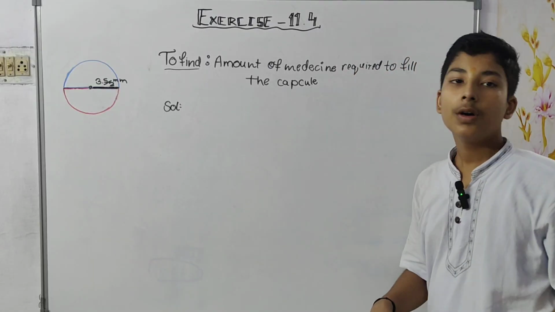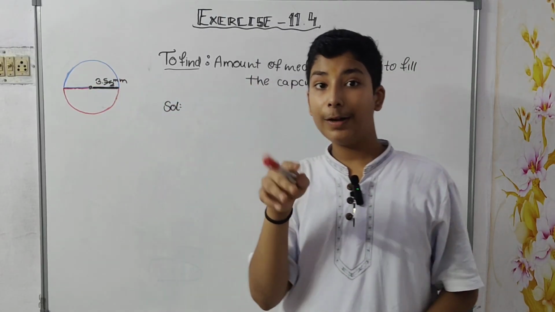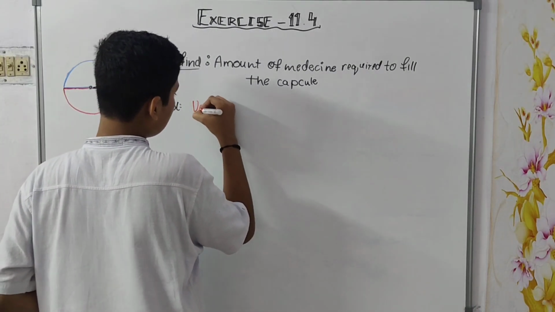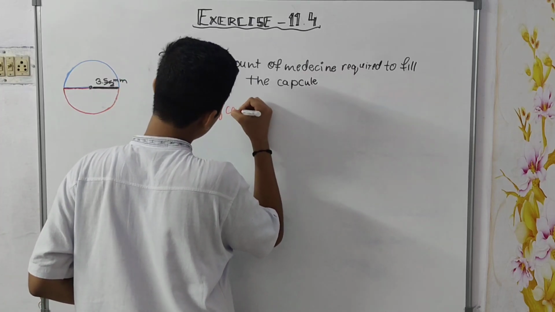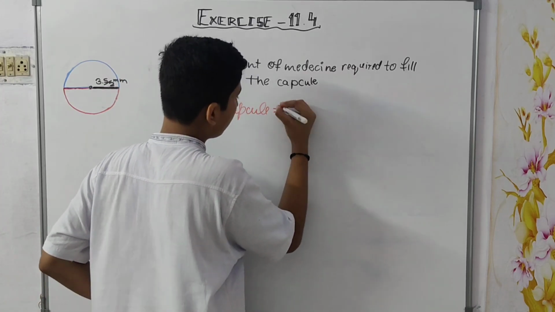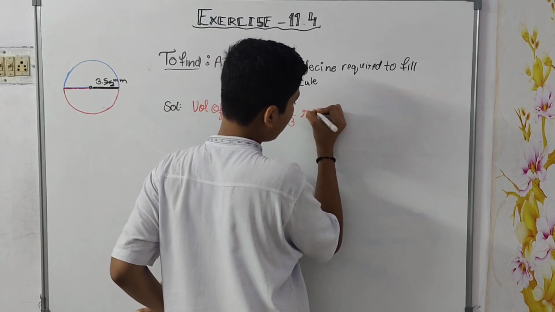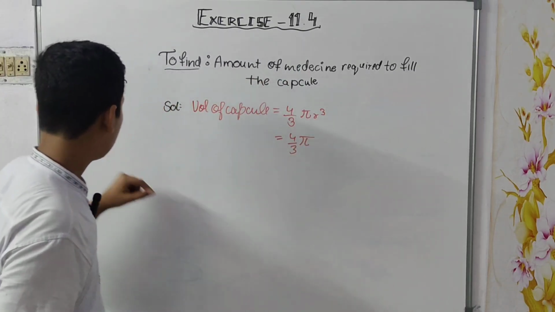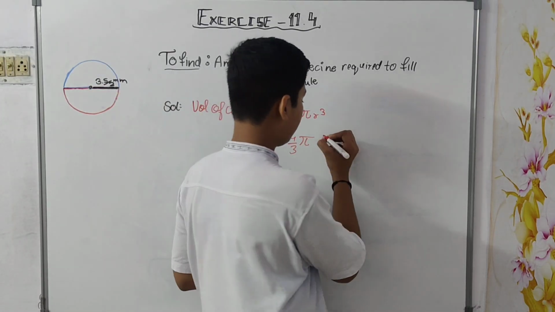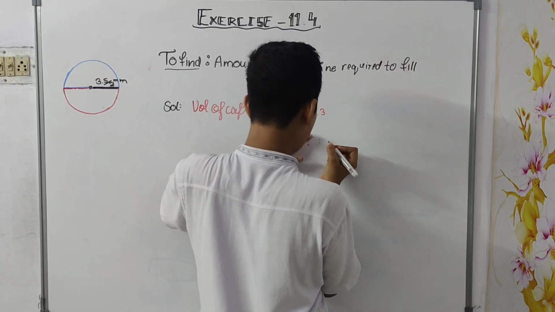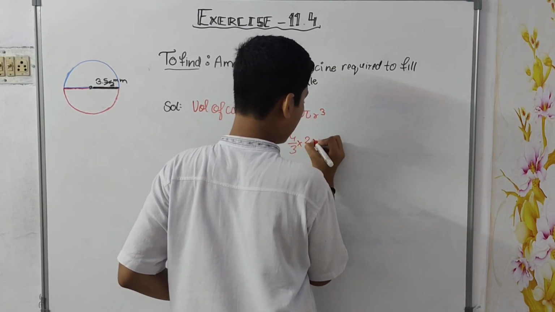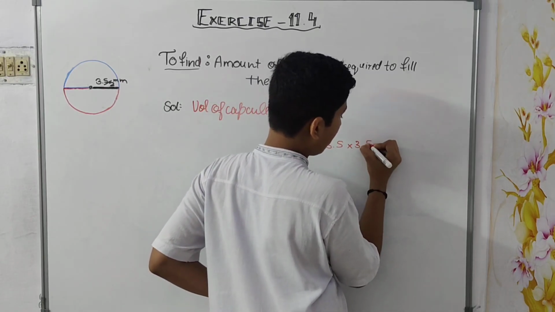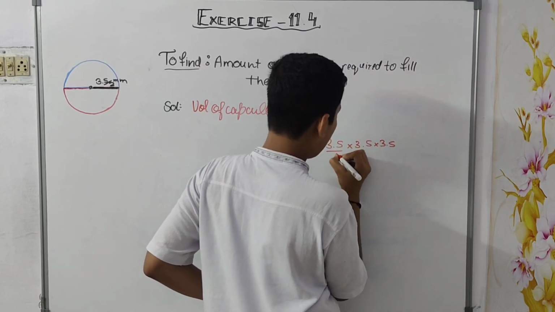Since it has to be filled from inside, we will find the volume of the capsule, which equals 4 by 3 pi r cube. The radius is 3.5 by 2 mm.